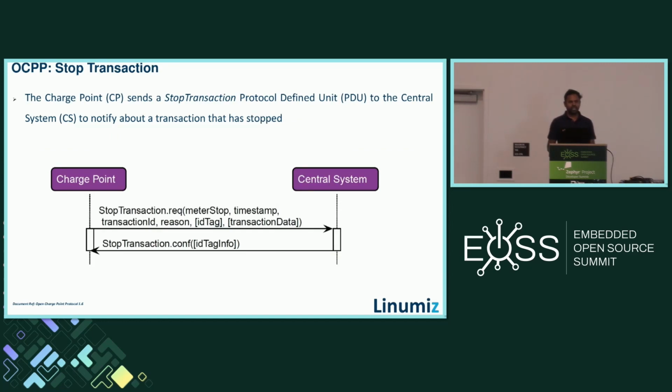Once we have started the transaction, if the battery gets full, or if the user wants to interrupt and stop the charging, he can hit a button on the charging station. Then the charge point terminates the power supply to the electric vehicle. After that, it sends a stop transaction PDU message to the central system to notify that the transaction has been stopped.